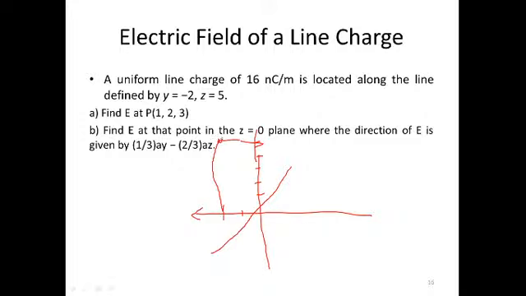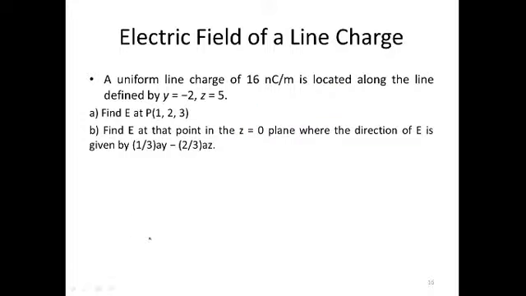Just consider the symmetry I draw with the help of my pointer. Now there is a line parallel to the x-axis like this. There is no limit on x. So here is your line. It holds the values of x from minus infinity to plus infinity, parallel to the x-axis at y is equal to minus 2, z is equal to 5.